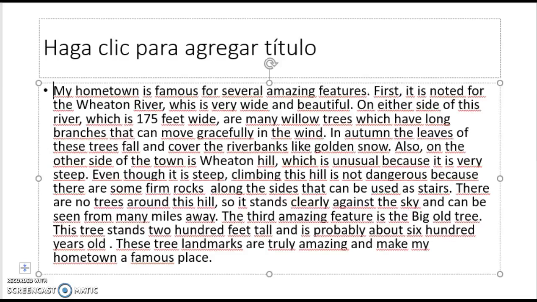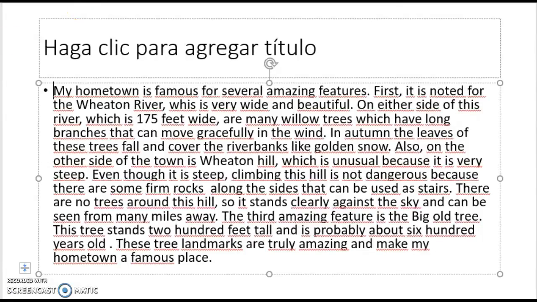Now, to have a wider idea of how to write a topic sentence, supporting sentences, and a closing sentence, you can see that we have an example of a whole paragraph. So I'm going to change the color of the phrases where it begins with a topic sentence, where it begins with the supporting sentences, and where it ends with a closing sentence.